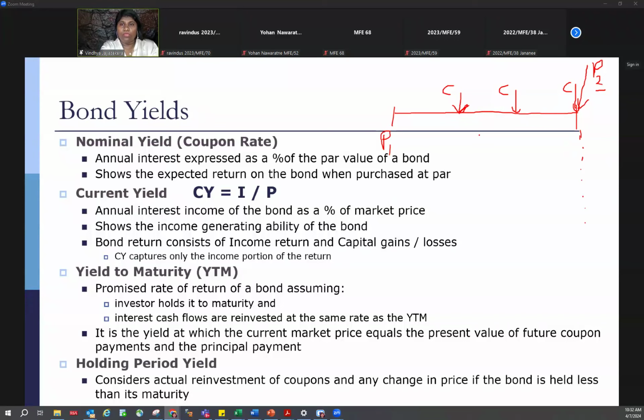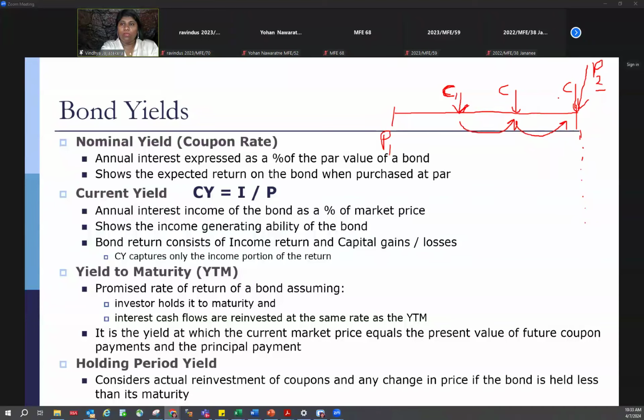In general, we assume for calculation purposes that we reinvest the coupon at a certain rate, compounded at the same frequency as the coupons. If the coupons were semi-annual, then we assume semi-annual compounding. If the coupons were quarterly, then we assume quarterly compounding. And we look at this coupon: after it was reinvested, how much is it worth at the end of the period?